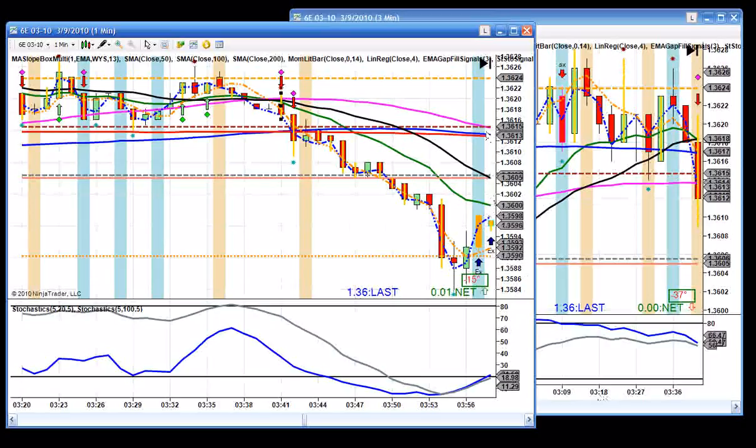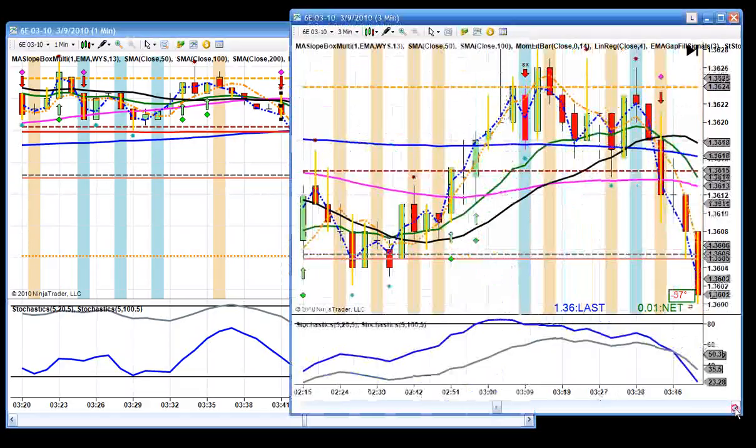we've got strong separation here, we had an angle here, we closed the gap, but is this going to continue and change direction? Well, let's check our 3-minute chart to see what it tells us.